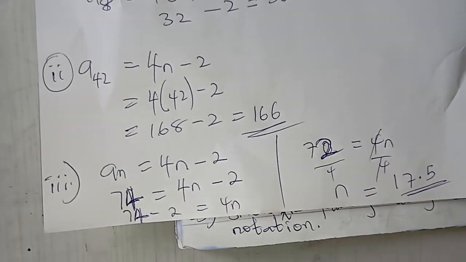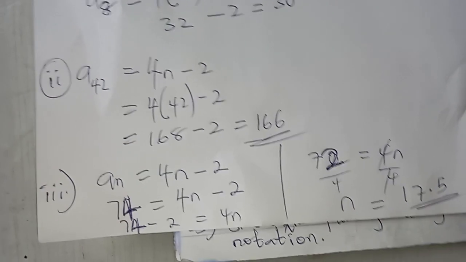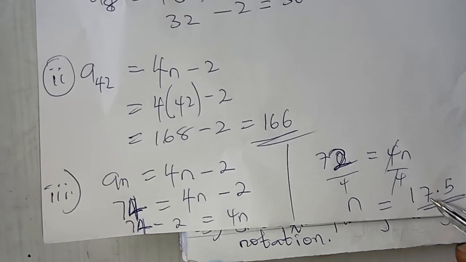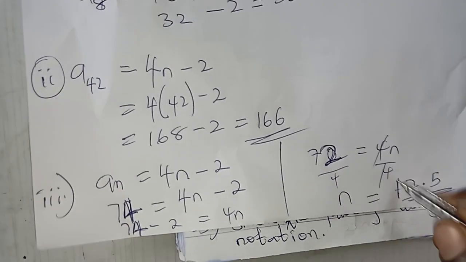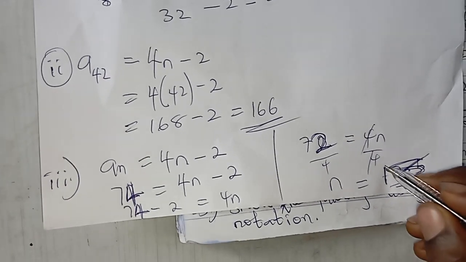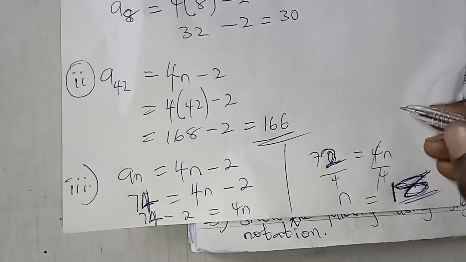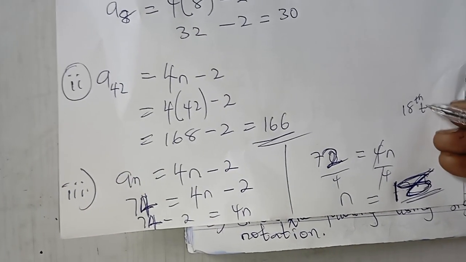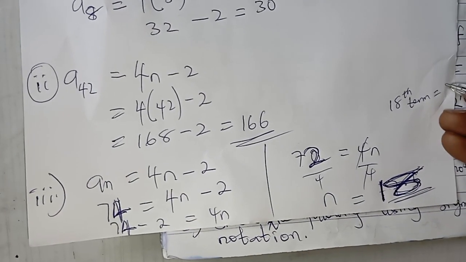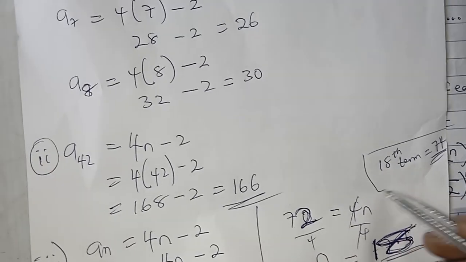So 72 divided by 4 is 18. It's 18. So n is 18. That means the 18th term is equal to 74. That's what it means.